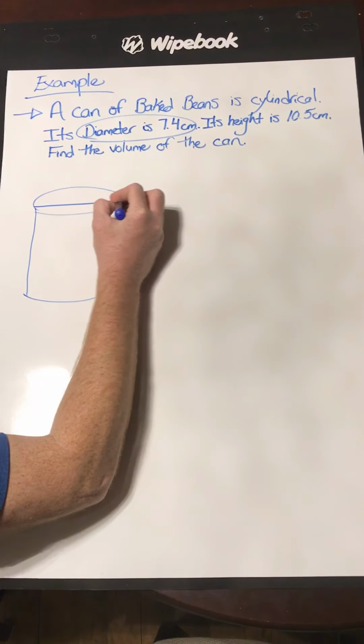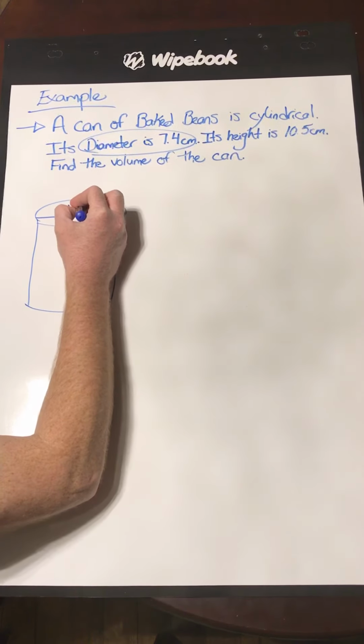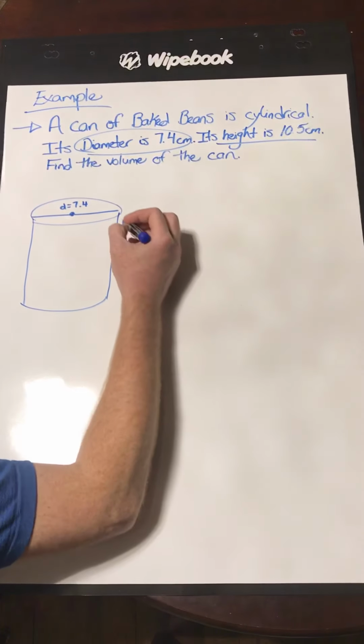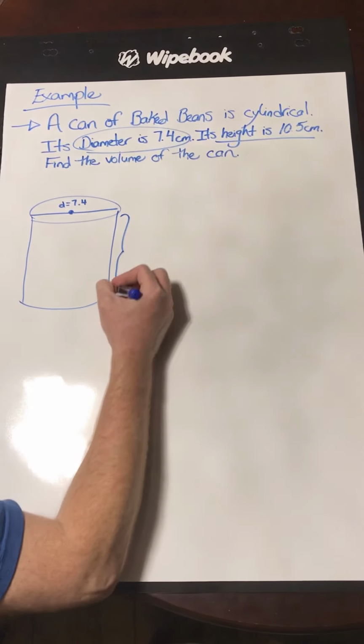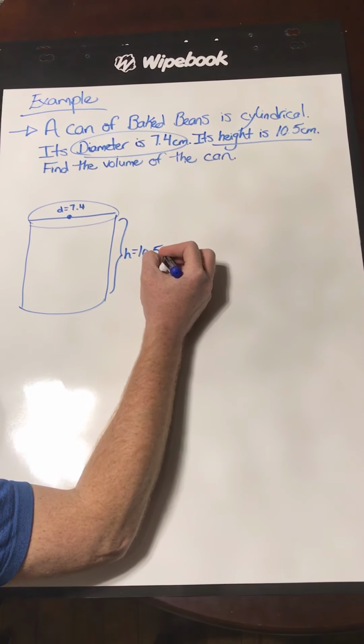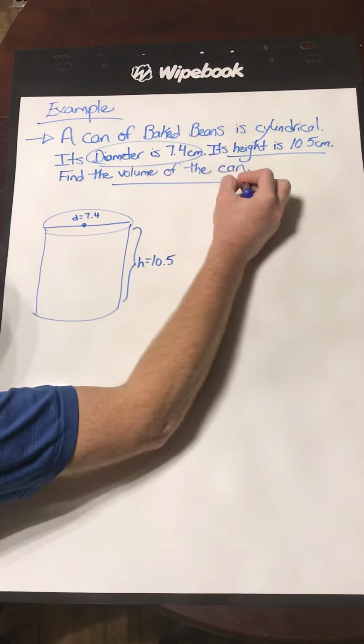So diameter is across the circle. So D is equal to 7.4, and I know it has a height of 10.5. And what do I want to find? Well, I want to find the volume.